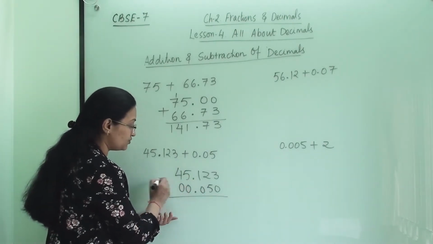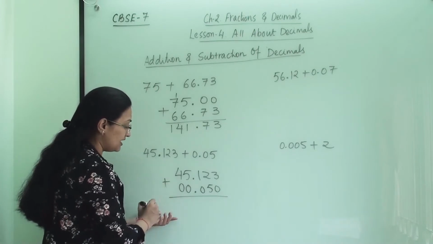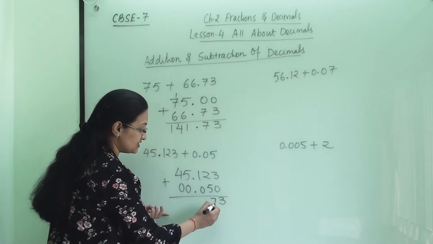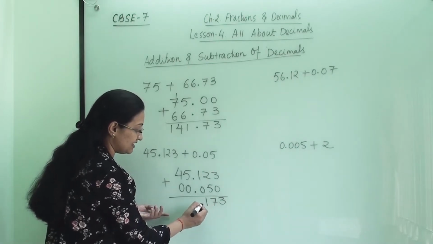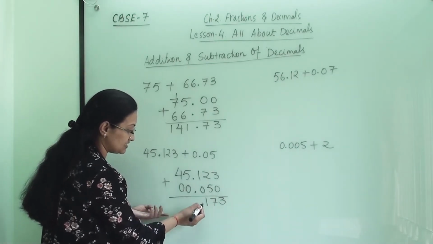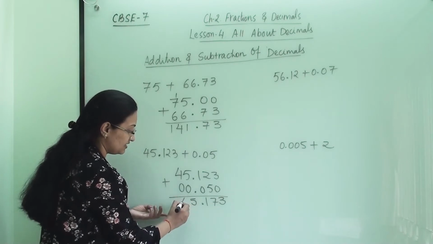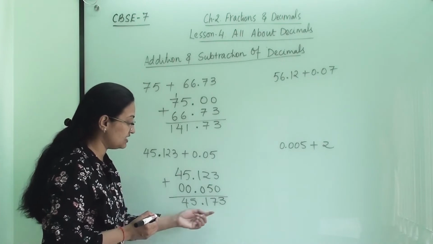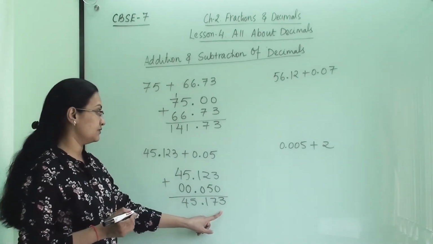Here also we can put 0. Now we add them. Here we get 3, 5 plus 2 is 7, then 1, and then we write the decimal point because it is there, and then 5 and then 4. So 45.173 is going to be our answer.